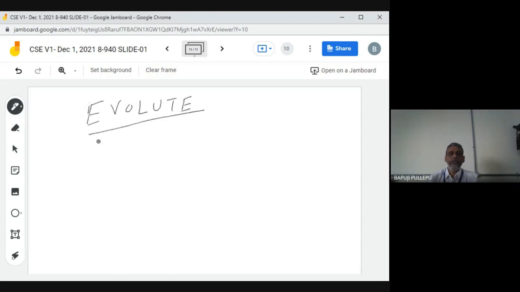Evolute means the locus of the center of curvature is called evolute. This may be asked as a 1 mark question also.